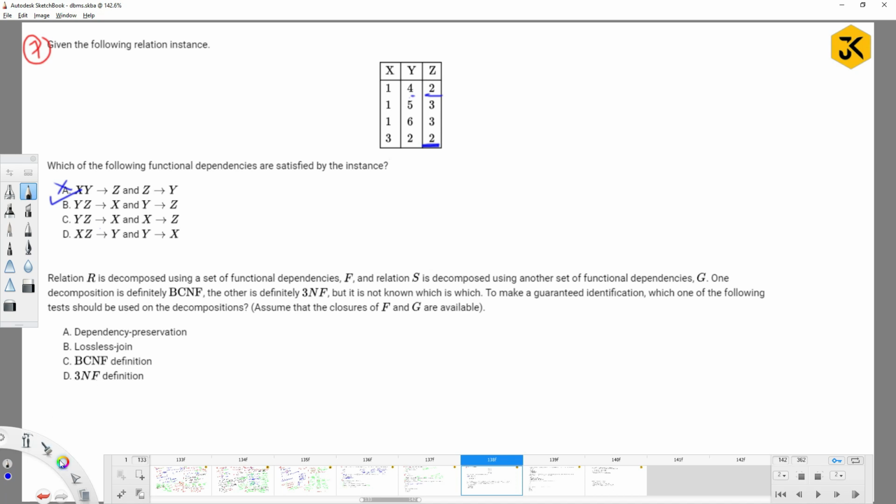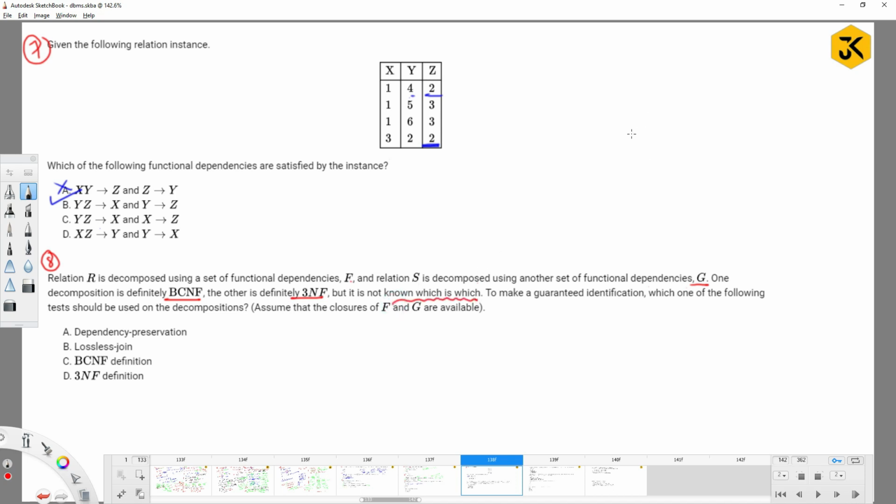Next, they have given a relation R which was decomposed using a set of functional dependencies called F, and relation S decomposed using another set of dependencies called G. One of the decompositions is definitely a BCNF and the other decomposition is definitely a 3NF, but it is not known which is which.